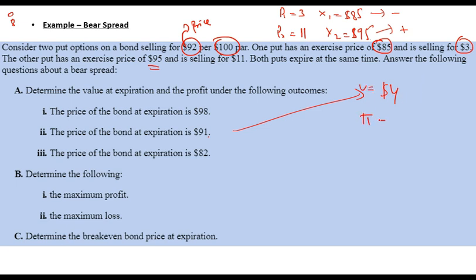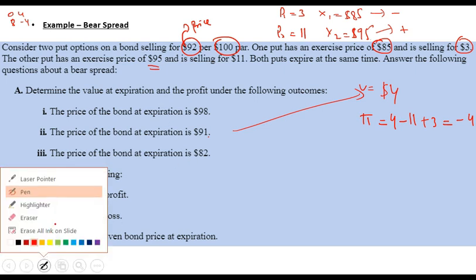And what is the profit? $4 loss. How? 4 minus 11 plus 3. So it will be minus $4, which is $4 loss. Any problem? Questions?